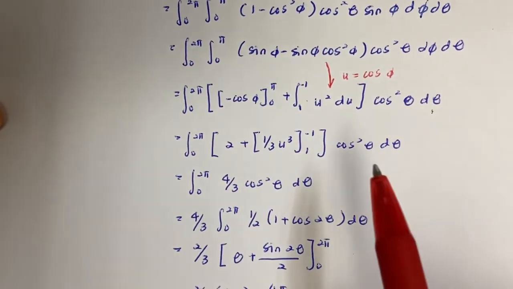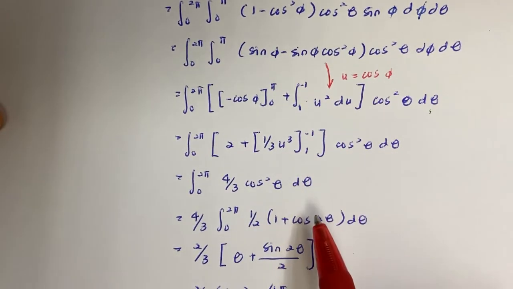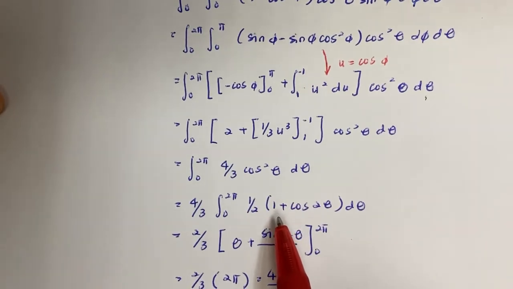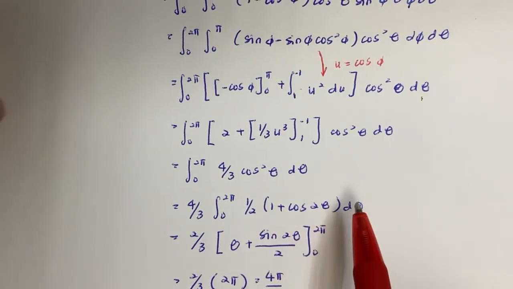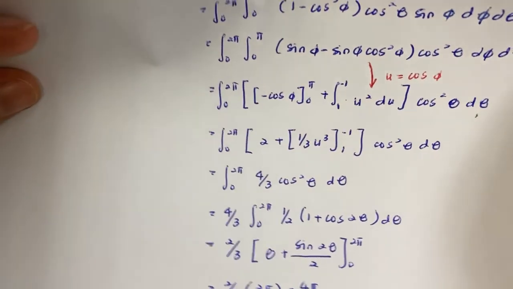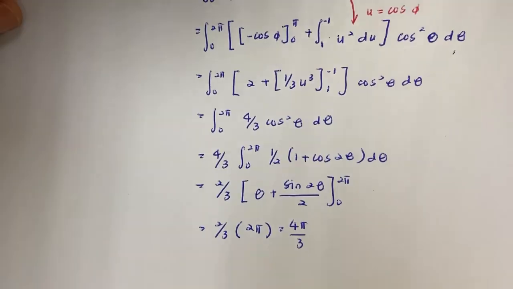And then do another substitution for the trigonometric identity, cos squared theta is equal to half of 1 plus cos 2 theta, and you will get the last answer equal to 4 pi over 3.